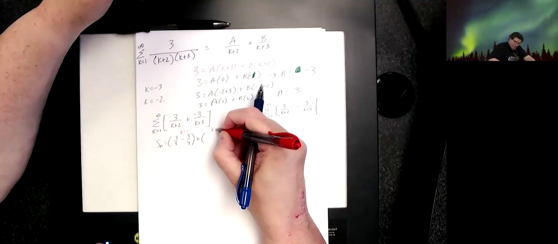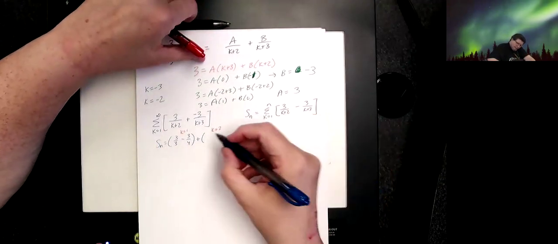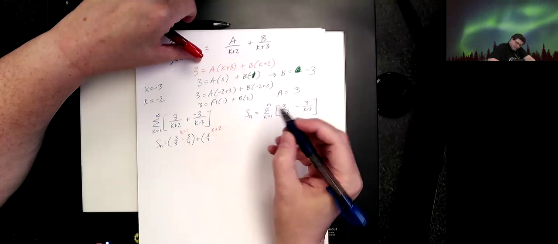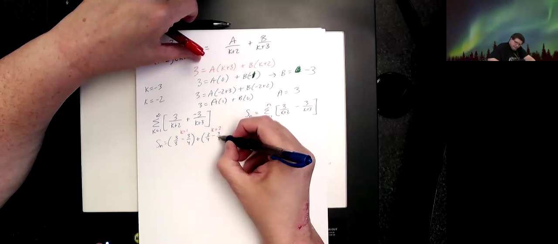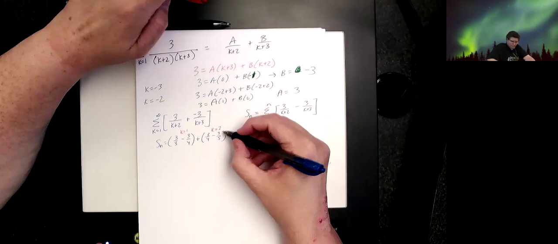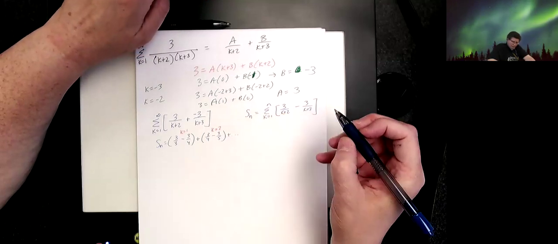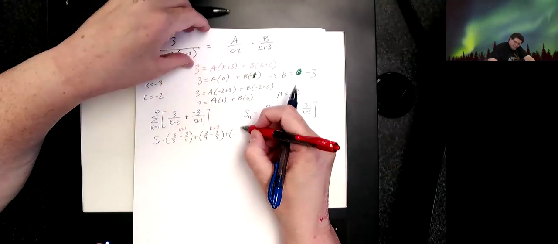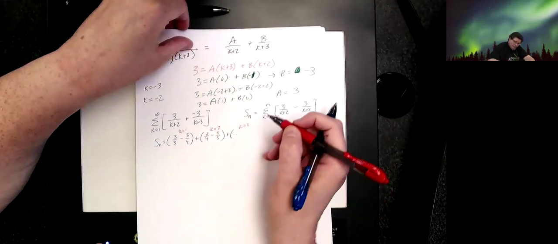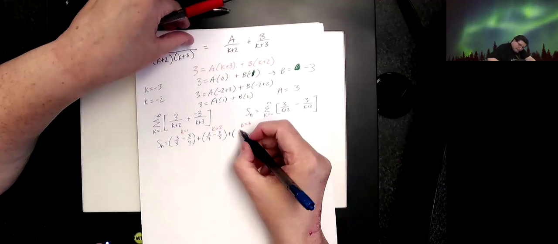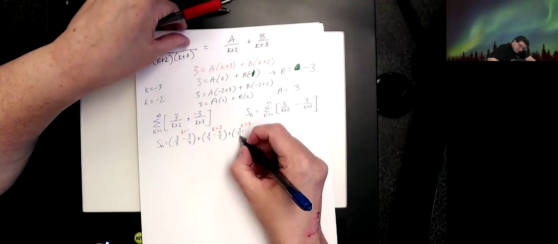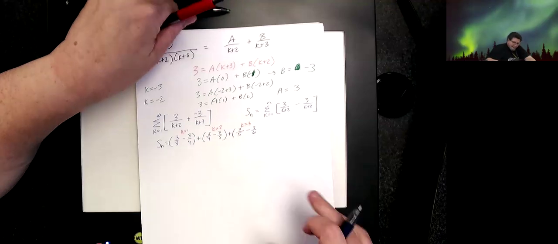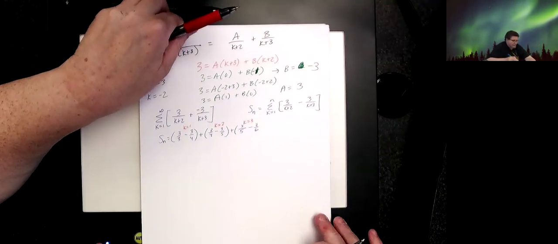If I do k equals 2, I've got 3 over 4 minus 3 over 5. Maybe I should do one more. K equals 3. Make sure everyone sees the telescoping effect. And deliberately not reducing fractions here.